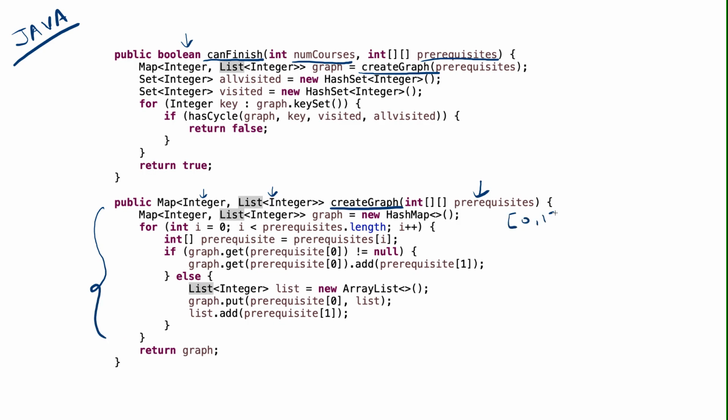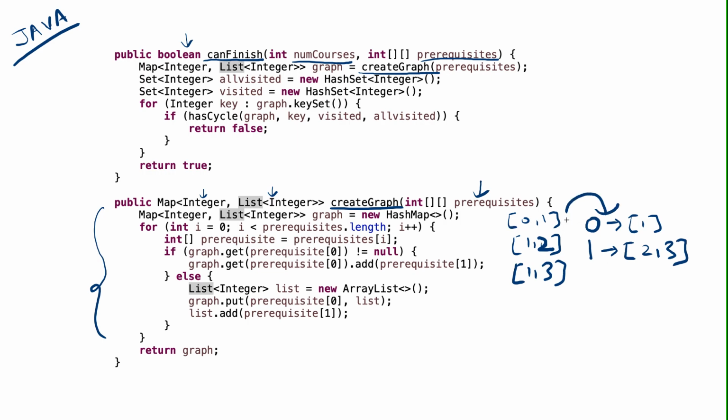For example, if this is your prerequisite array, 0 1, 1 2 and then 1 3, you will have something like your key will be 0 and then you will have value as 1, because 0 is dependent on 1, and then your other key will be course ID 1, and it will have dependencies as course ID 2 and course ID 3. So that is how we convert our prerequisites array into a map, and we simply return it. So this is what this entire method does.